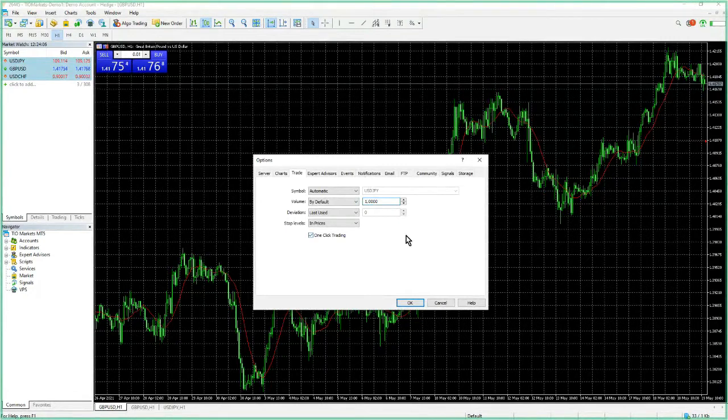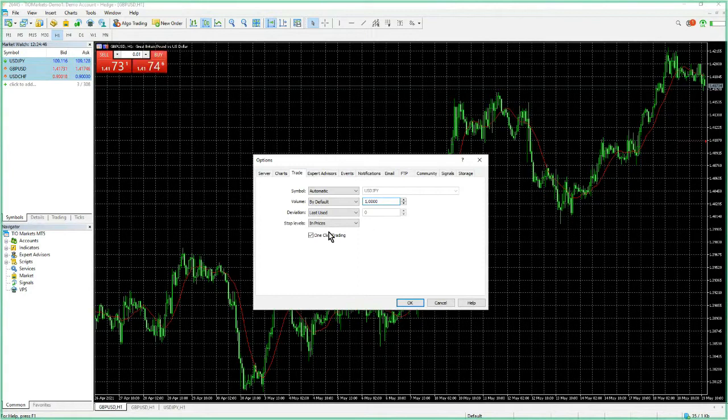So that's $10 per pip in EUR/USD. But you might also decide, let's say that you have a trading strategy that requires you to scale into your trades. So let's say that you want to scale in with 5 different lots, then you might have 0.20 here. And then the maximum exposure is one contract. But for simplicity's sake and for this presentation, I'm going to use one contract here.